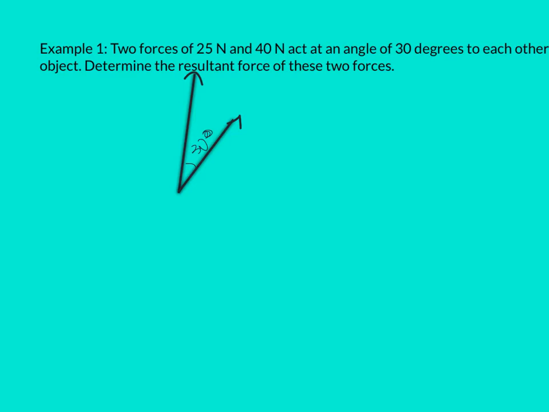As you know, we can take these two vectors and complete a parallelogram, or we can use the triangle. So here comes our vector diagram. So we have 40 newtons plus 25 newtons, and they form that 30-degree angle.